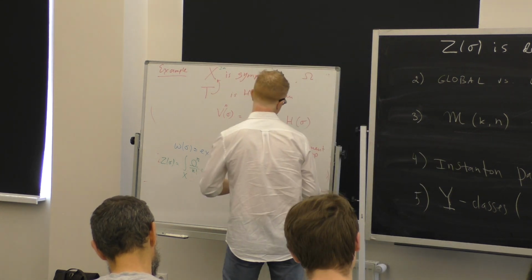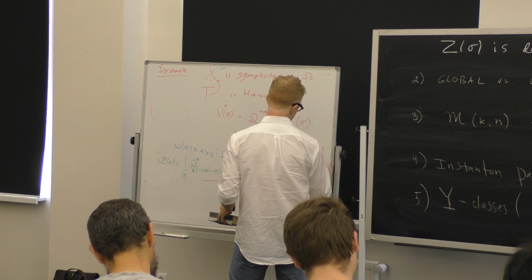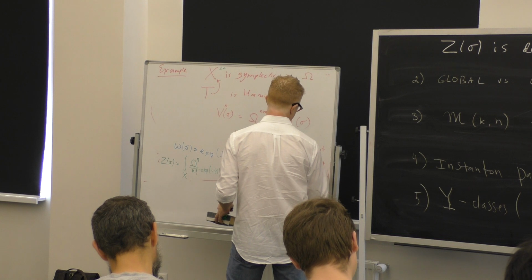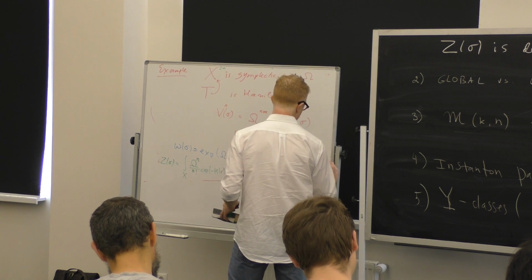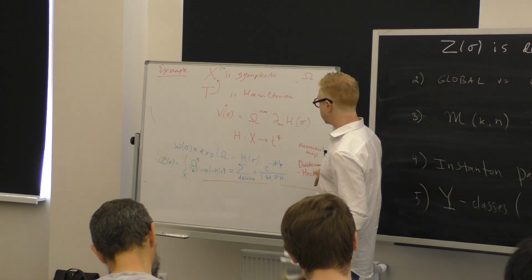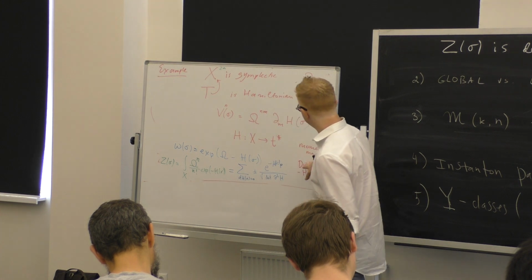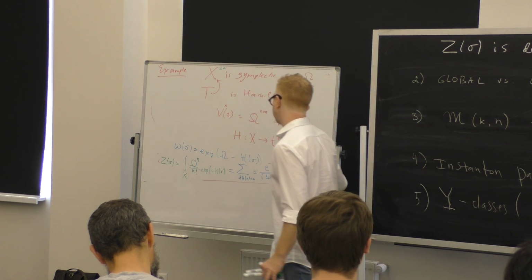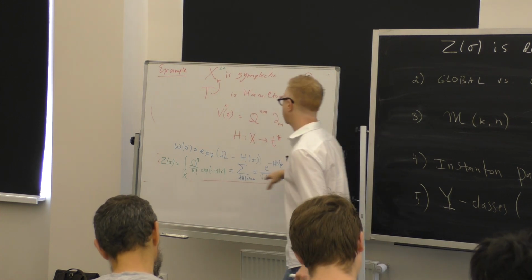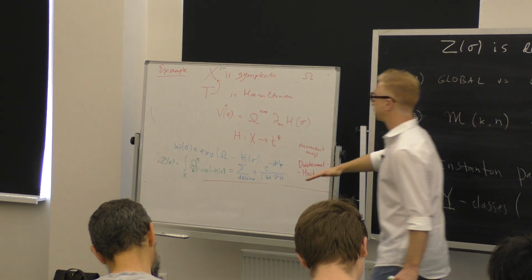It was originally discovered as a statement in symplectic geometry, when Duistermaat and Heckman studied the dependence of the class of the symplectic form on the symplectic quotient.